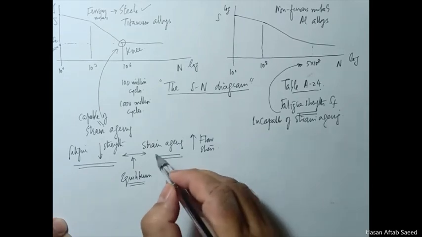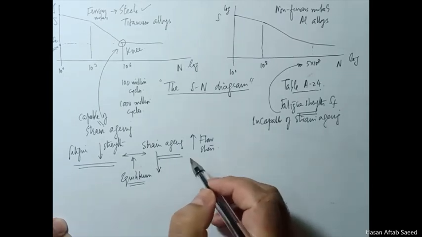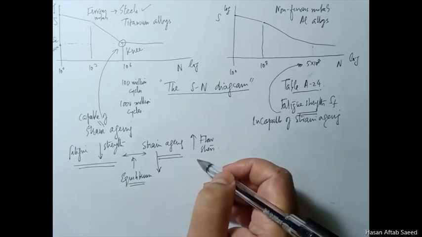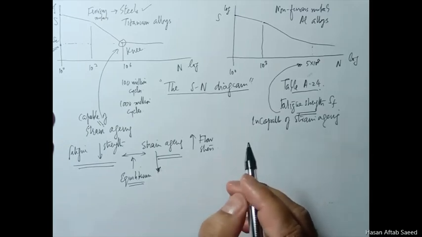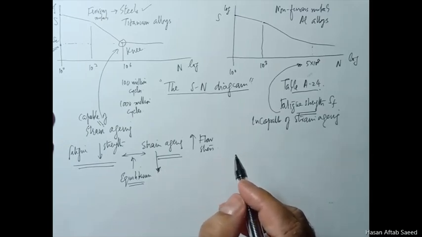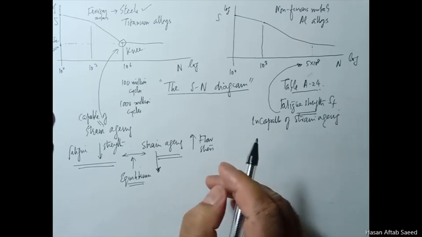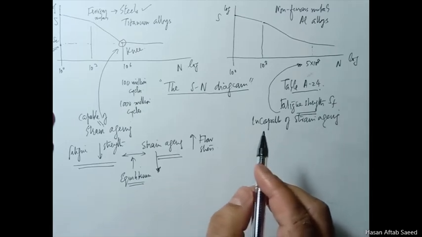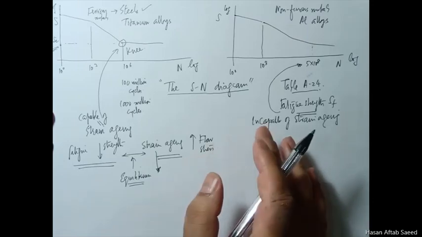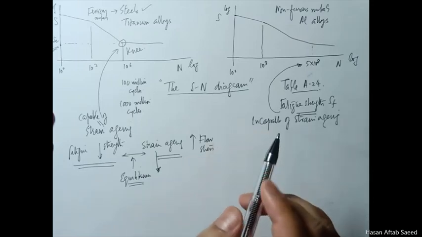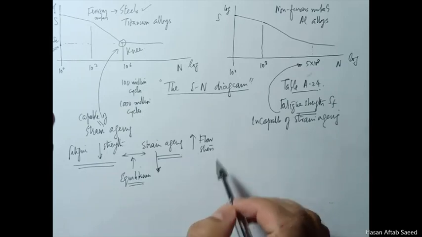Now, why does strain aging occur? Well, again, we have to go one step back, and the material scientists tell us that there are some impurities or interstitial atoms like carbon, nitrogen, that hinder the movement of dislocations, and dislocations, the flow of atoms along slip planes, are very important in crack propagation.